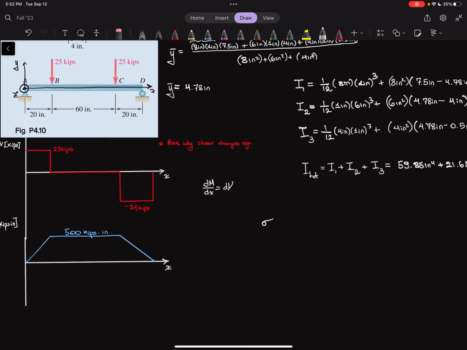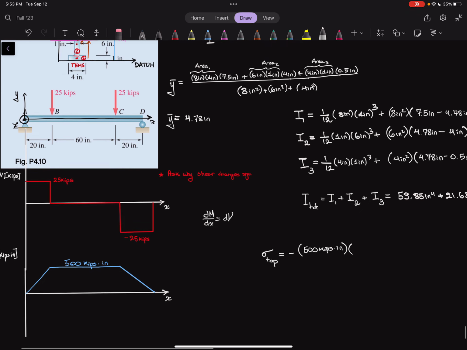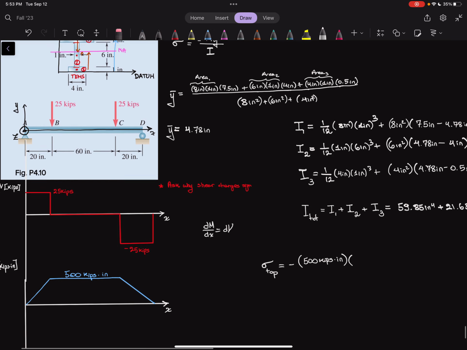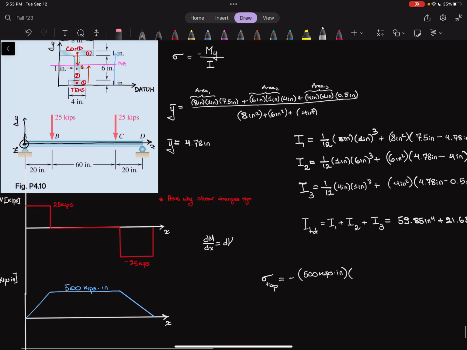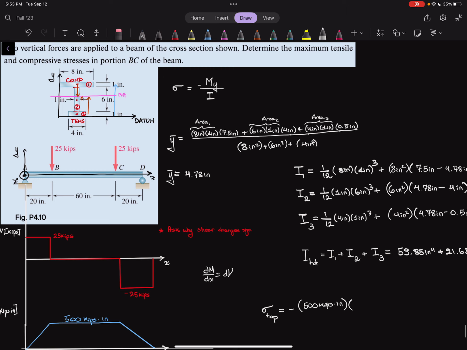So sigma at the top is going to be equal to what? Well, it's going to be equal to the minus of the total moment, which is 500 kips times inches, multiplied by the y, this distance right here from NA all the way to the top.